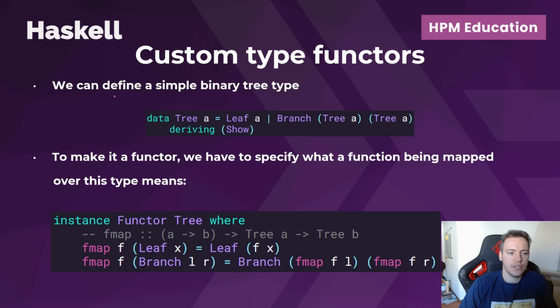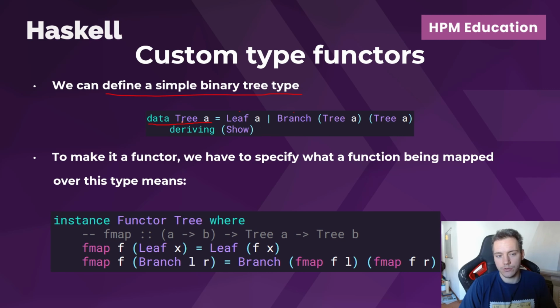So here's an example of a simple binary tree type. We define it as data Tree a, where we have two data constructors, Leaf a, which actually holds some value a. So it's a leaf node that holds a value.